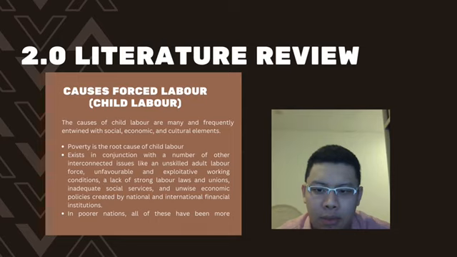Poverty is the root cause of child labor, which also exists in conjunction with a number of other interconnected issues, like an unskilled adult labor force, unfavorable and exploitative worker conditions, a lack of strong labor law and union, inadequate social service, and unwise economic policy created by national and international financial institutions. In poorer nations, all of these have been more debilitating.